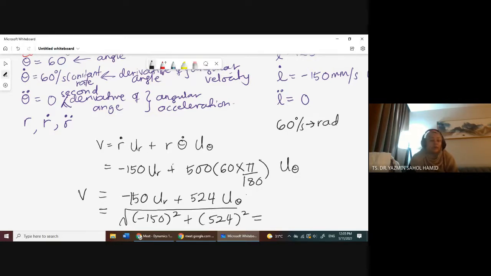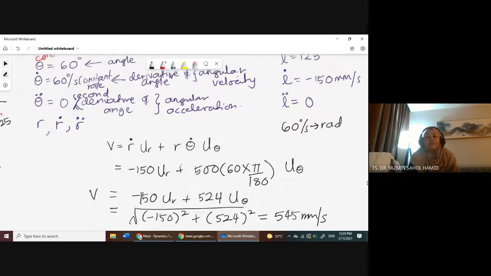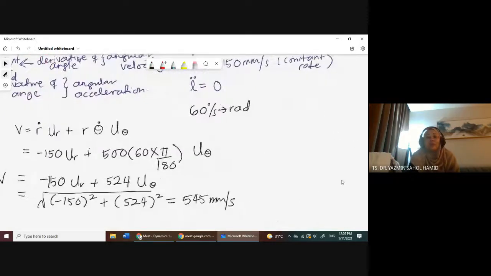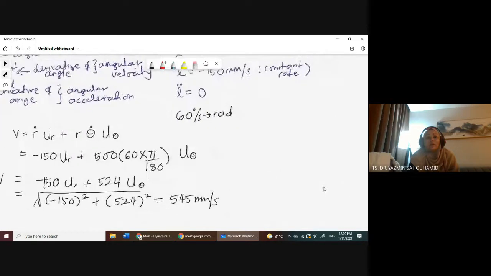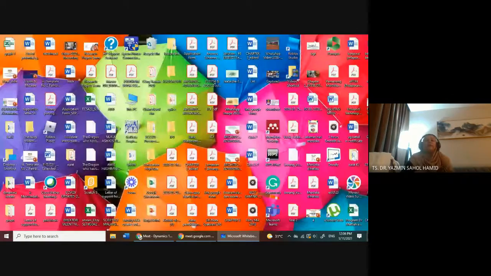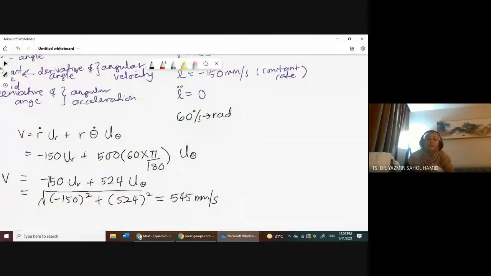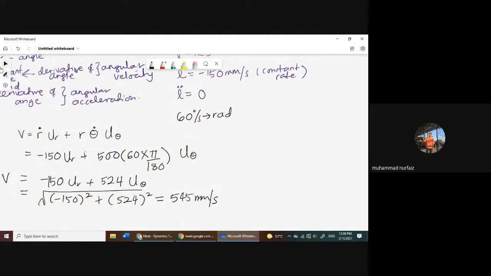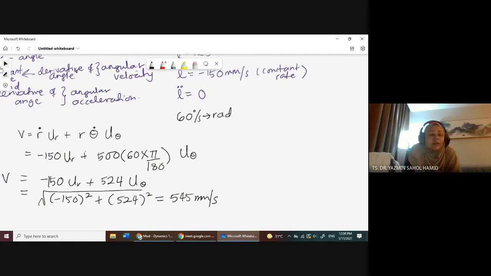So what is the final answer for the velocity? Do you get the same answer with me, or are you still calculating? 145. Same. Okay.